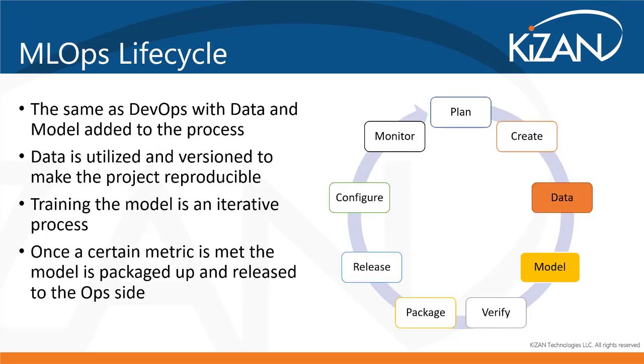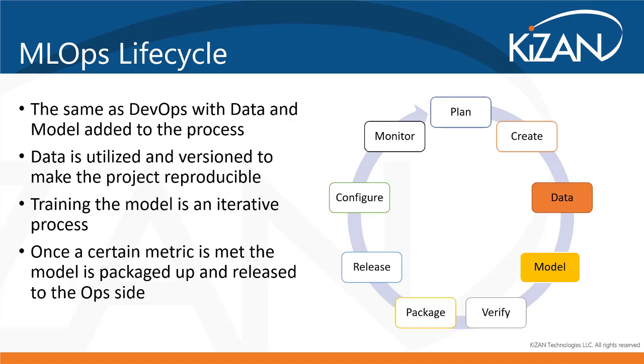Now let's switch over and look at ML Ops and its life cycle. We begin the same way as DevOps by starting with a plan. The goal of machine learning is to create a model that will predict the outcome based on specific inputs.